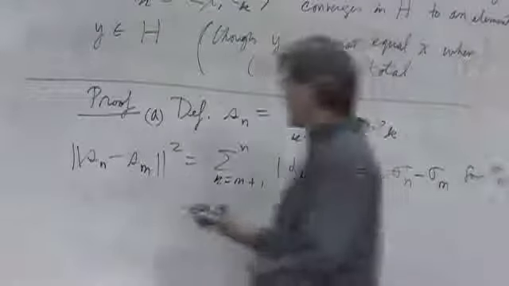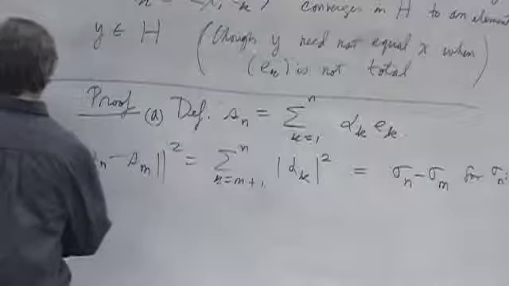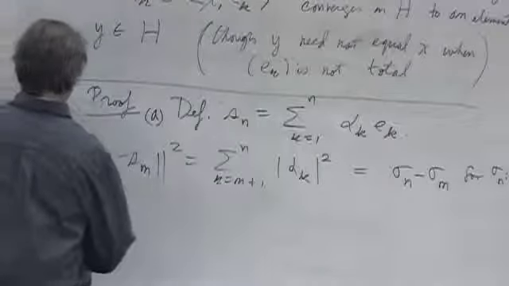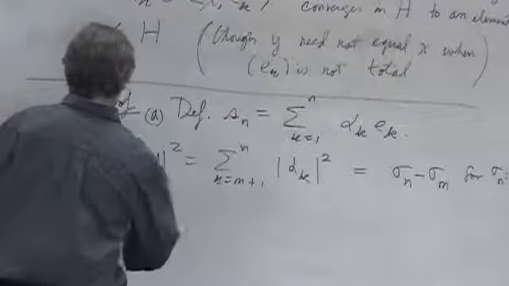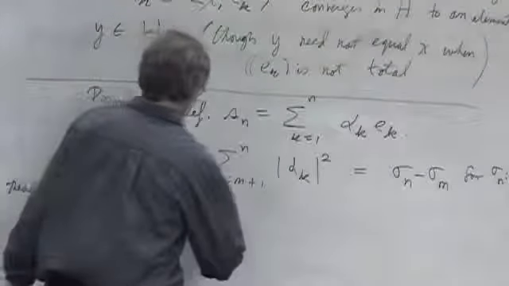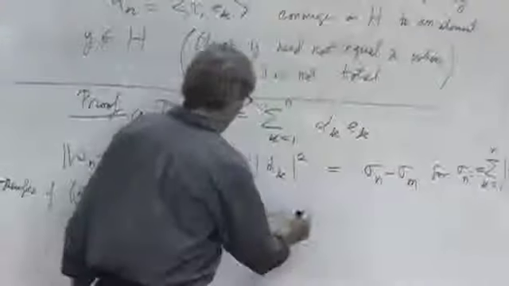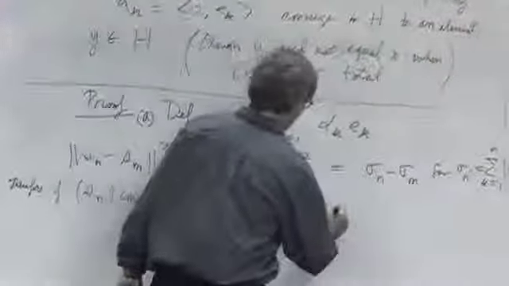Therefore, if Sn converges in H by completeness, Sn is Cauchy.